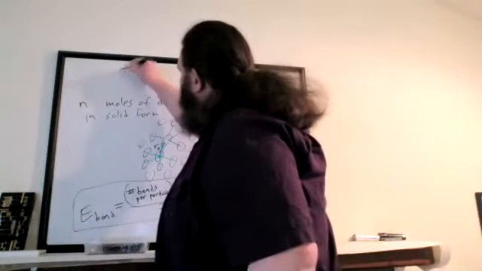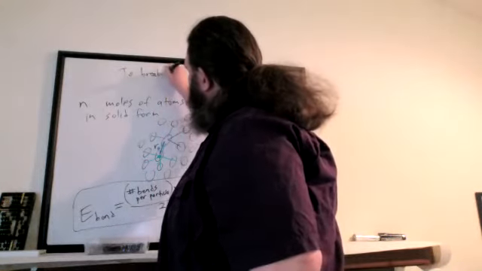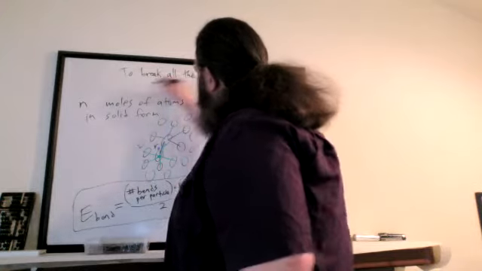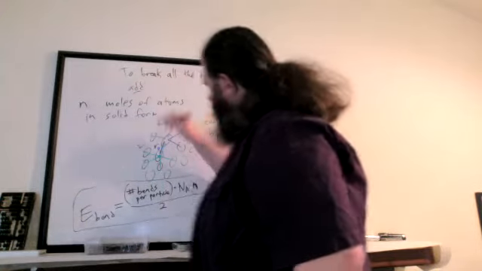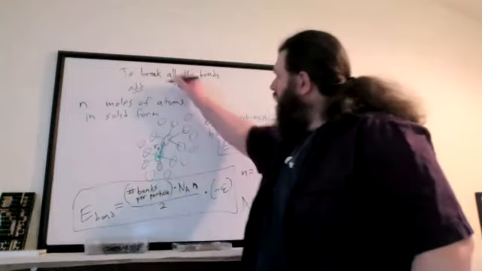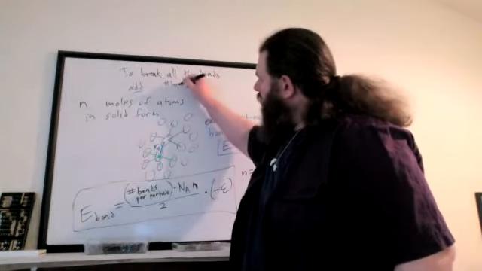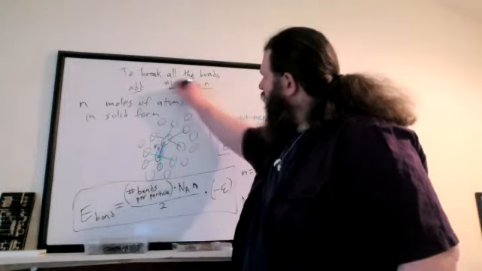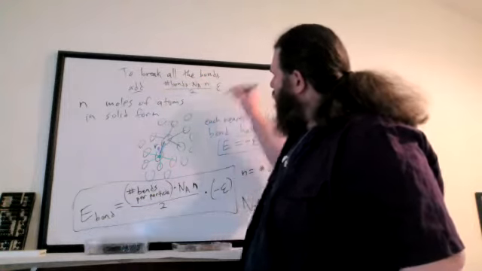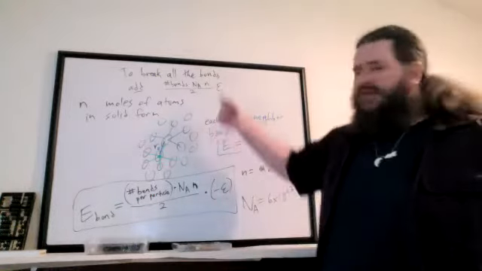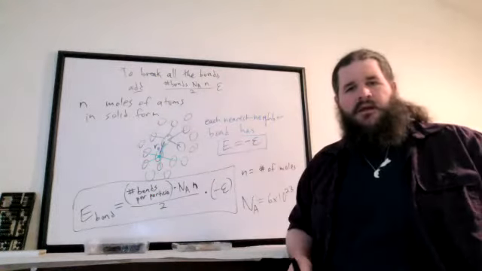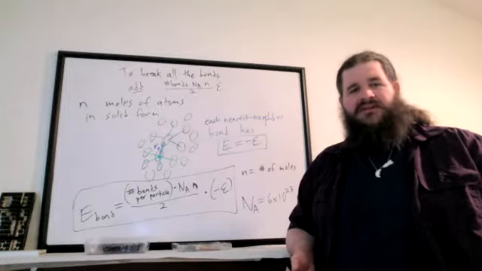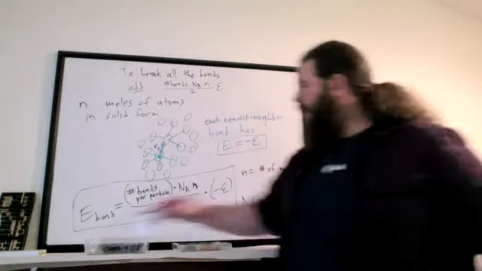So to break all the bonds, you'd have to add this much as an absolute value: number of bonds times Avogadro's number times n over 2 times epsilon. So you'd have to add this much energy. But delta H, or at least delta H mole, the molar heat of vaporization, is the amount of heat you'd have to add per mole.